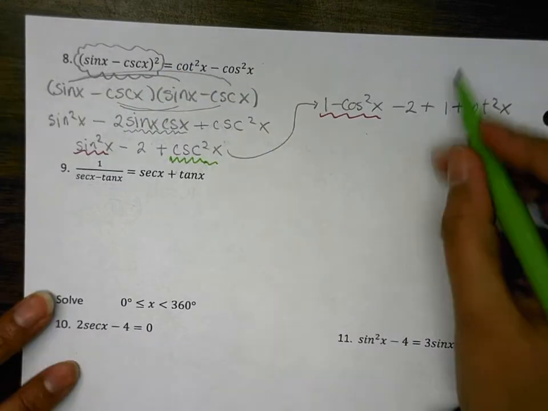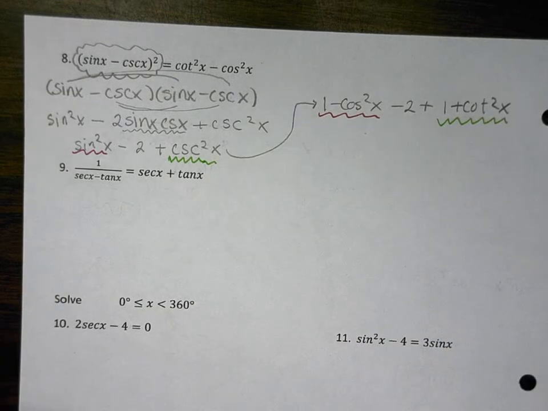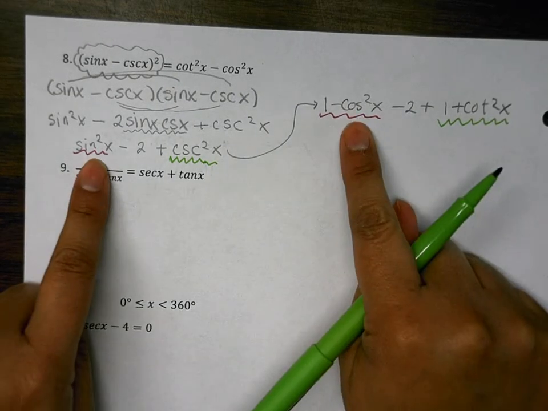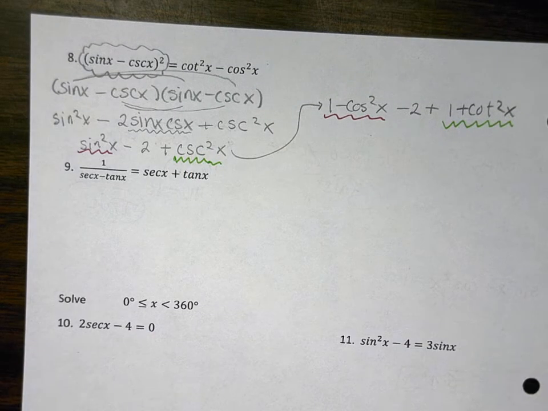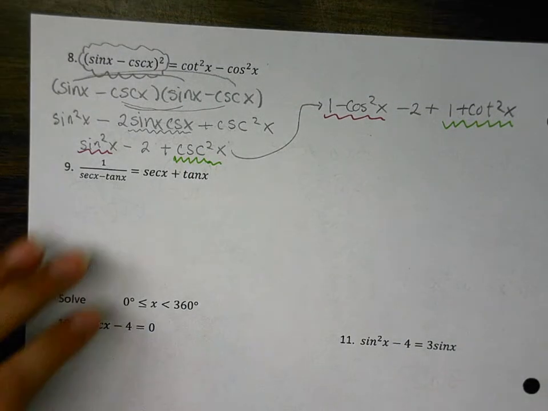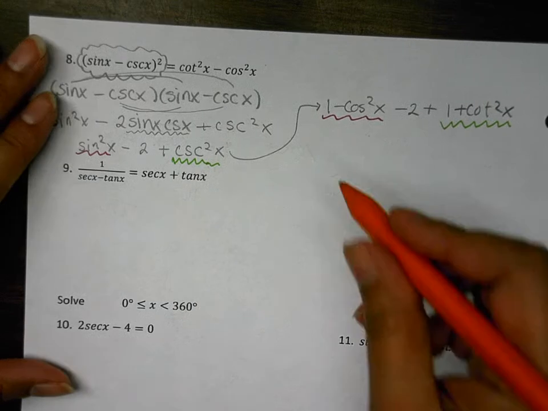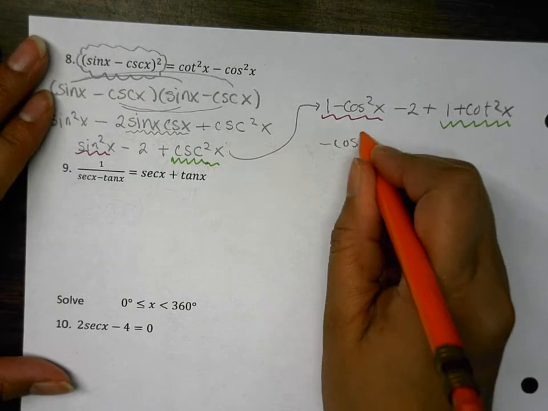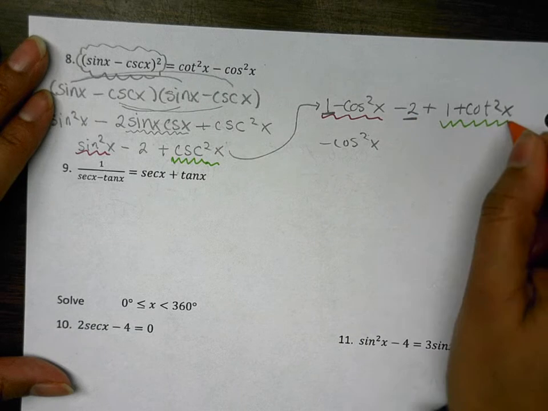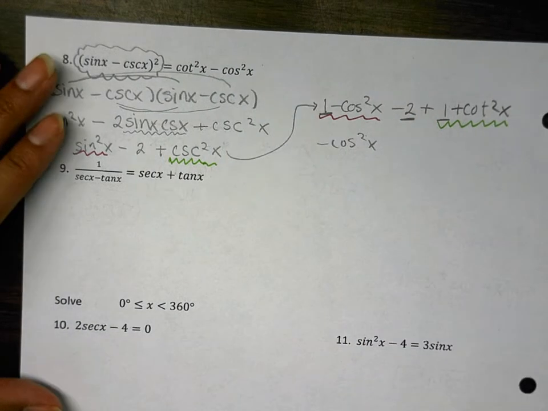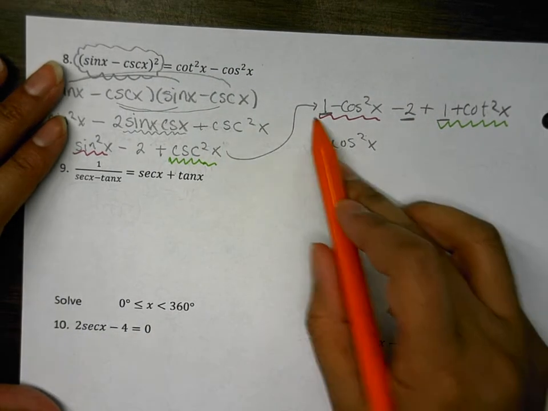Okay, what does that change to? Now, I at least have cosine squared and cotangent squared, so I'm going in the right direction. So the sine squared changed to this, and the cosecant squared changed to that. And what do we do next? Okay, I have negative cosine squared x, and then I have positive 1, negative 2, and a positive 1.